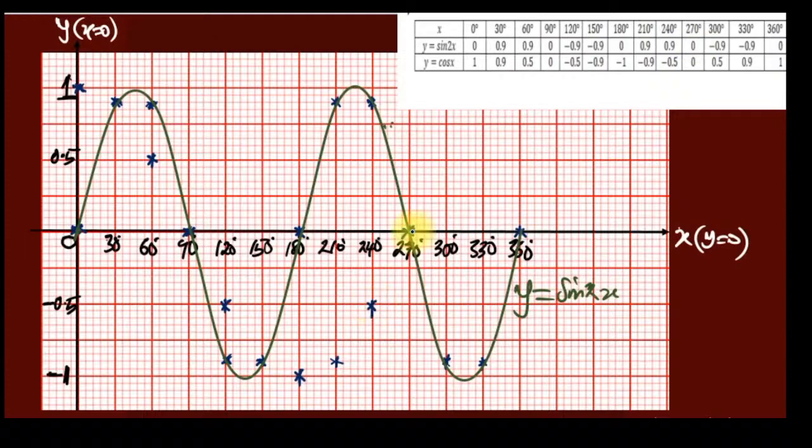270, 0, that's same point. 300, 0.5. 300, 0.5 is up here. 330, 0.9. Let me move this to this side.